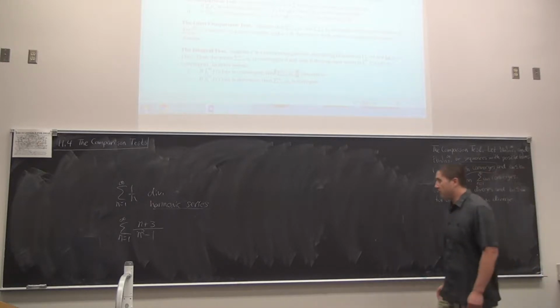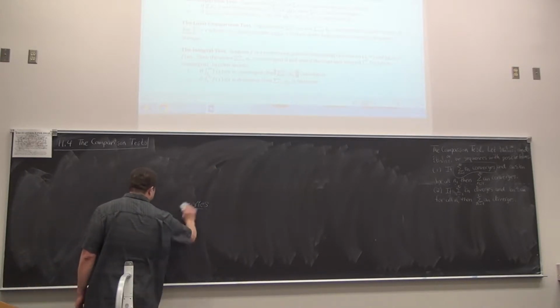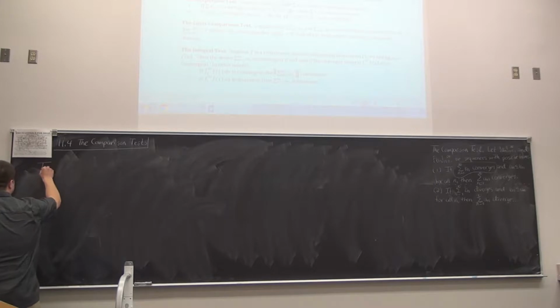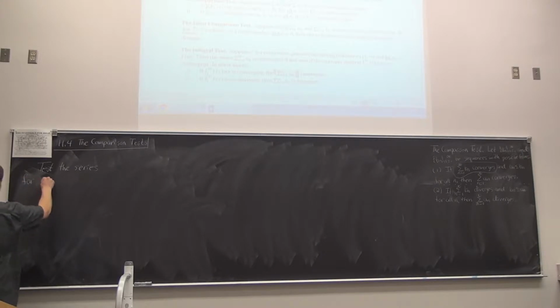Okay, so a typical problem in this section, we'll state simply: test the series for convergence or divergence. But there's a lot of particular things that are implicit with those instructions.